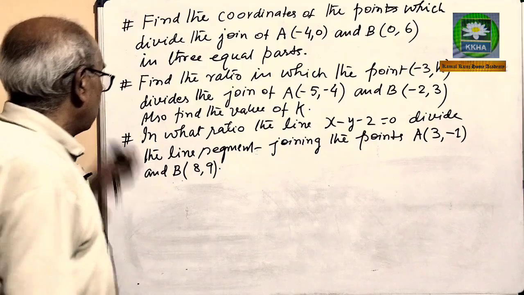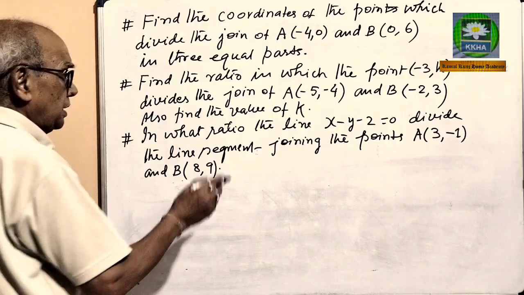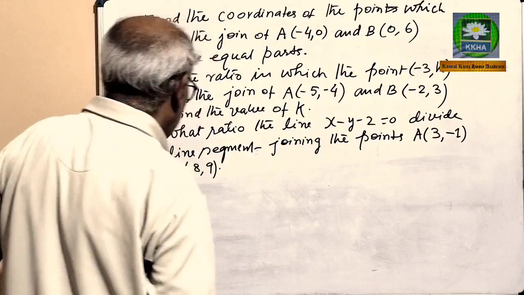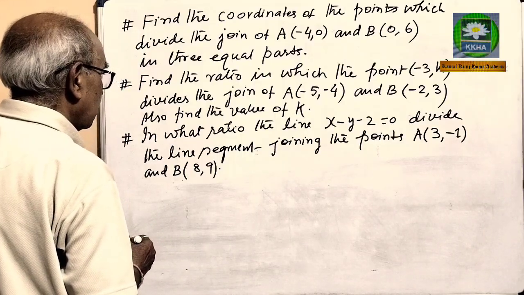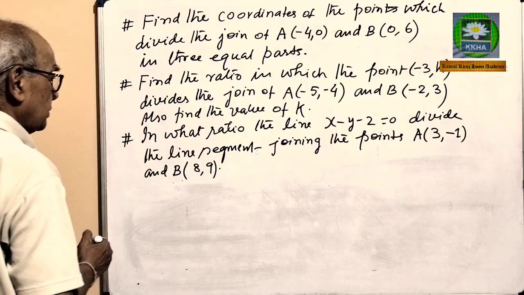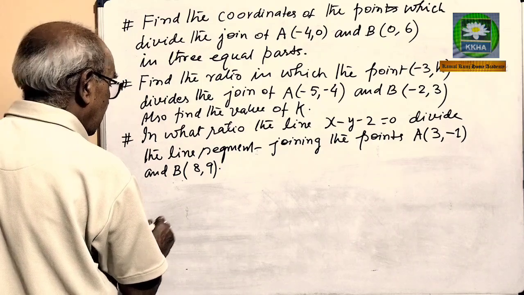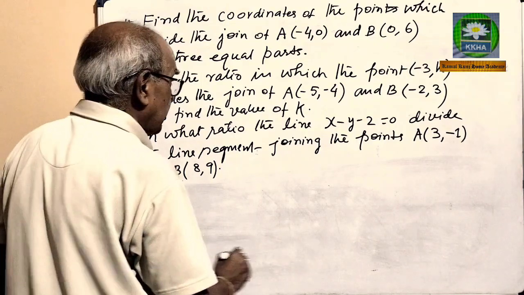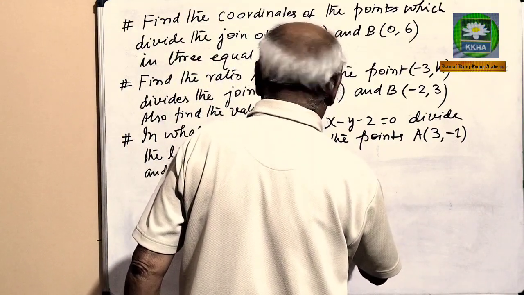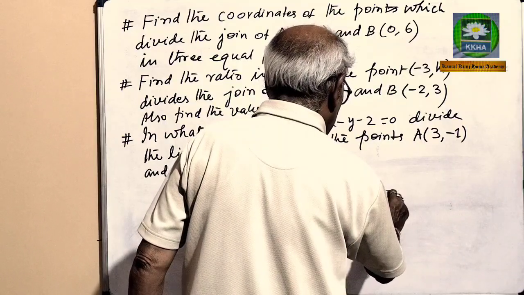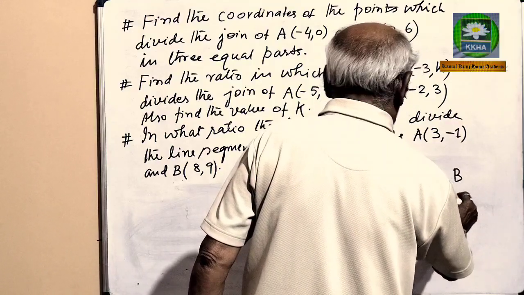Next problem is, in what ratio does the line x minus y minus 2 equal to 0 divide the line segment joining these points A and B. A coordinates are 3, minus 1 and B is 8 and 9.